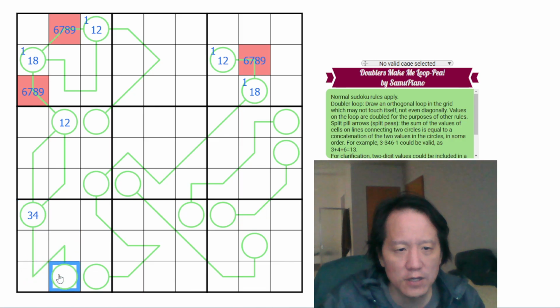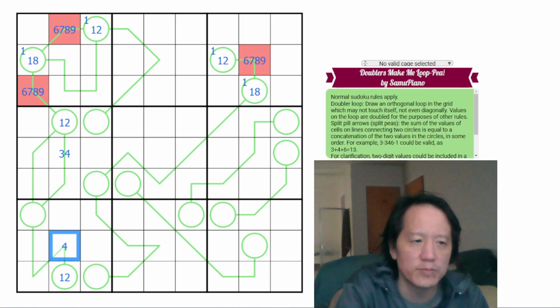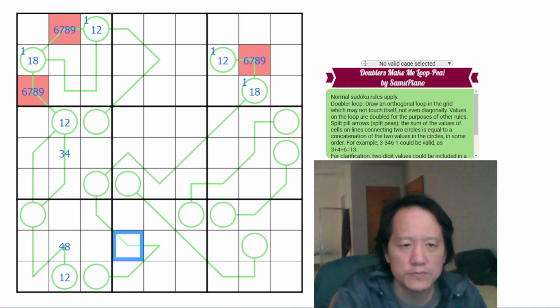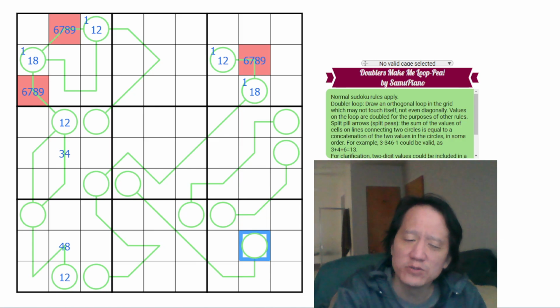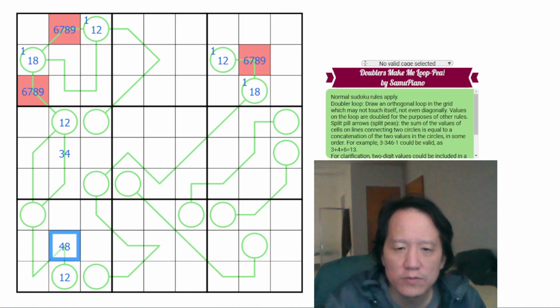We could potentially have, okay, 12 to 34 on these lines. This is obviously 12 to 1, 2, 3, 24, so that's 48 possible. Unlikely, though. I don't even think that's possible. 46, right?